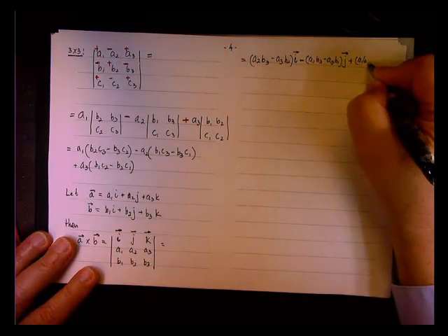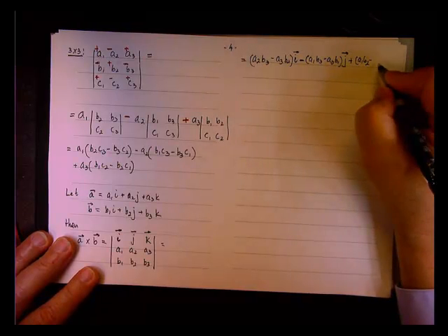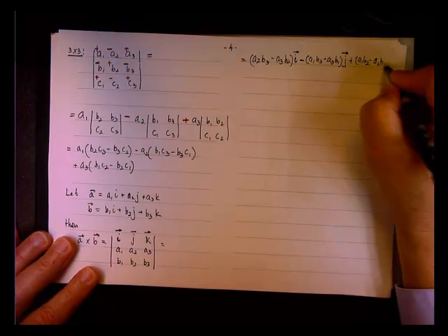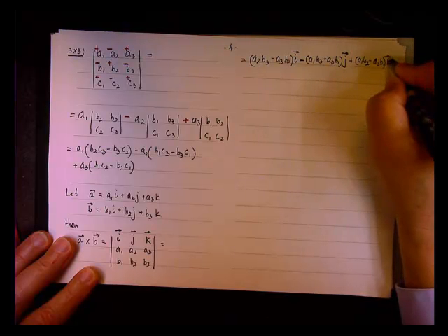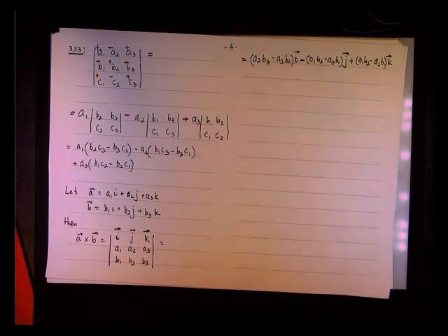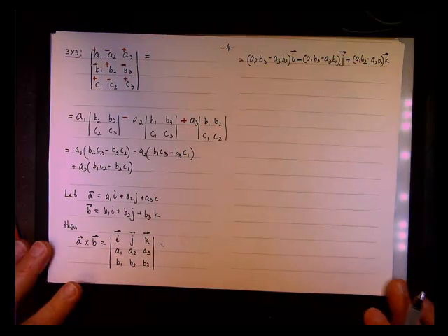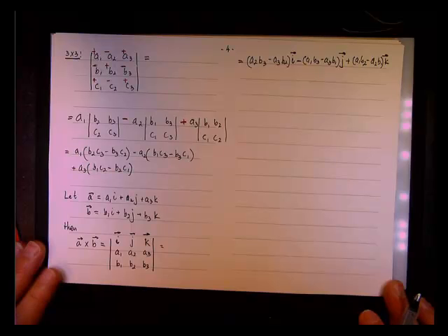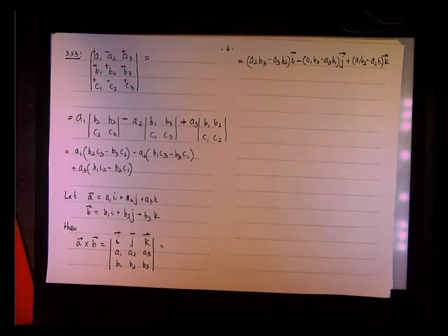So the minor will be A1, B3 minus A3, B1, but with the negative, and that will be the J component. Then for the K component, we go positive, and it is simply A1, B2 minus A2, B1 in the K.